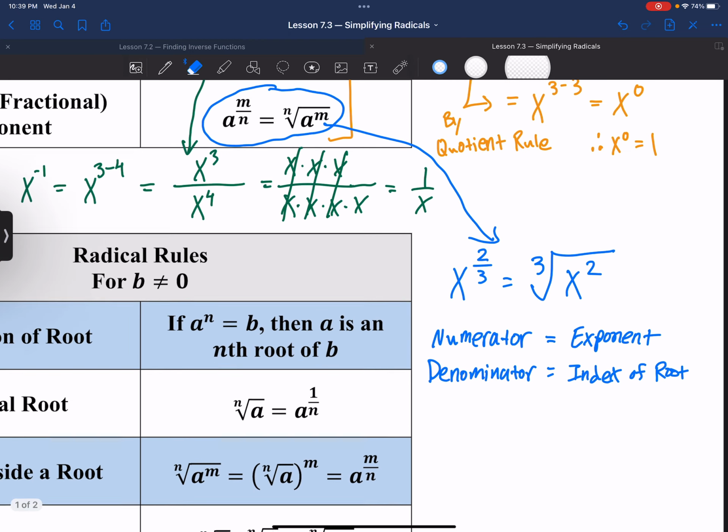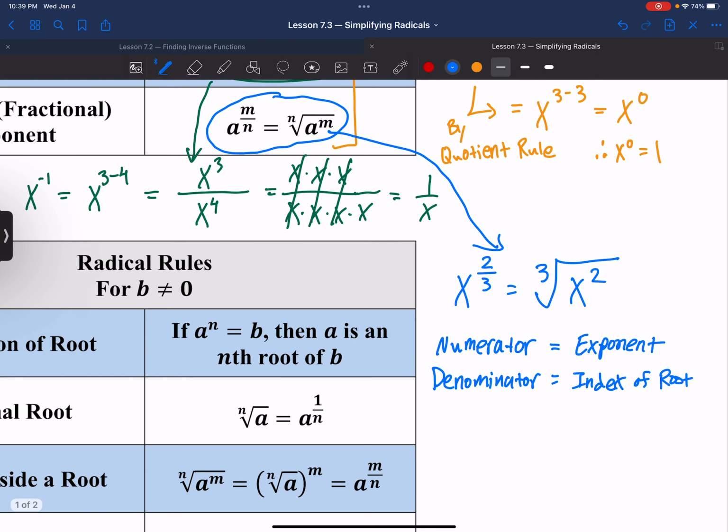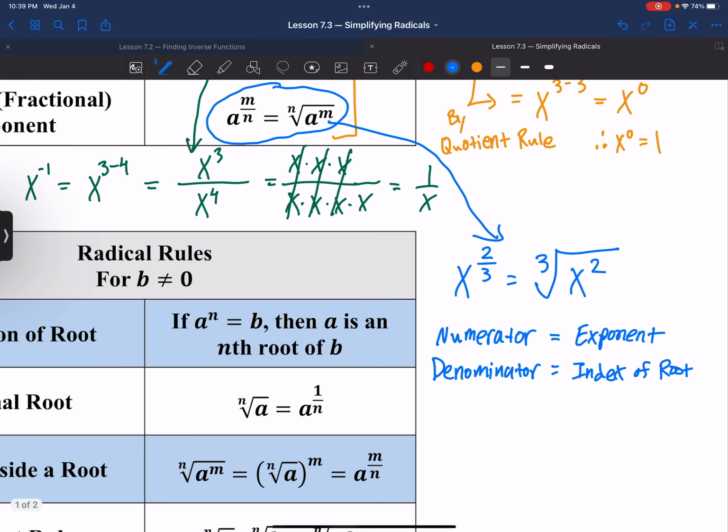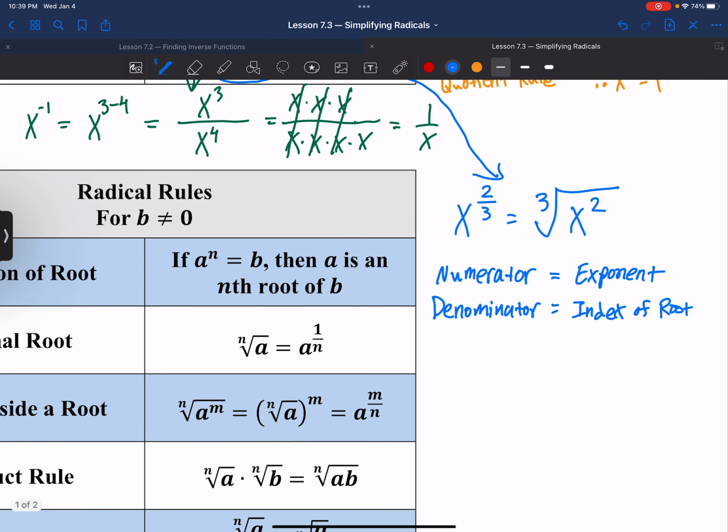I am going to illustrate a quick example with a number because I would like to do so. Suppose I was looking at, let's say, 216 to the power of 2/3. I'm just going to use 2/3 again because I like it.